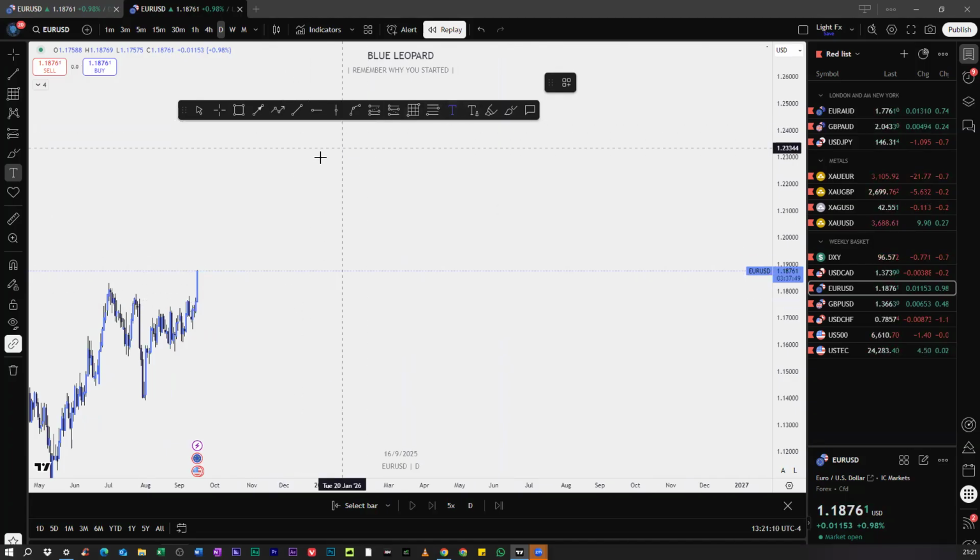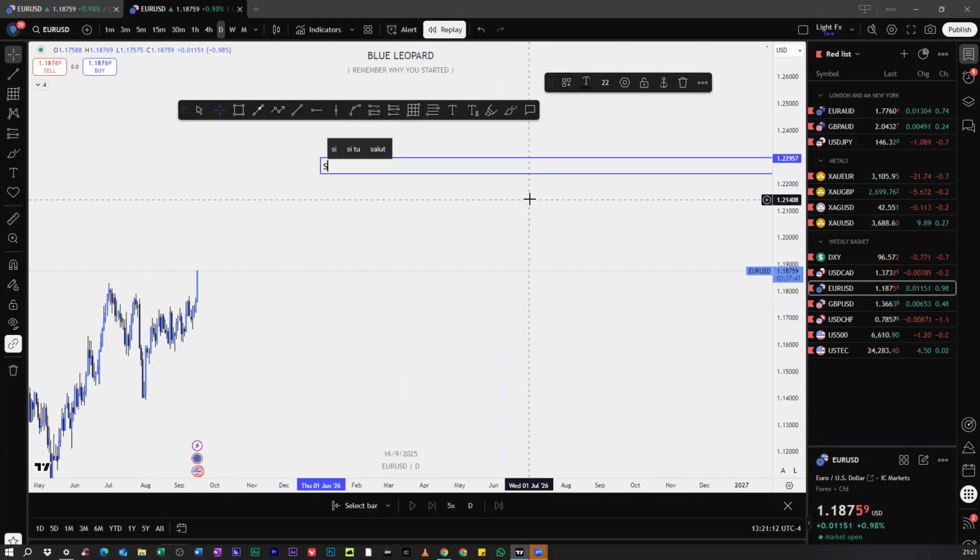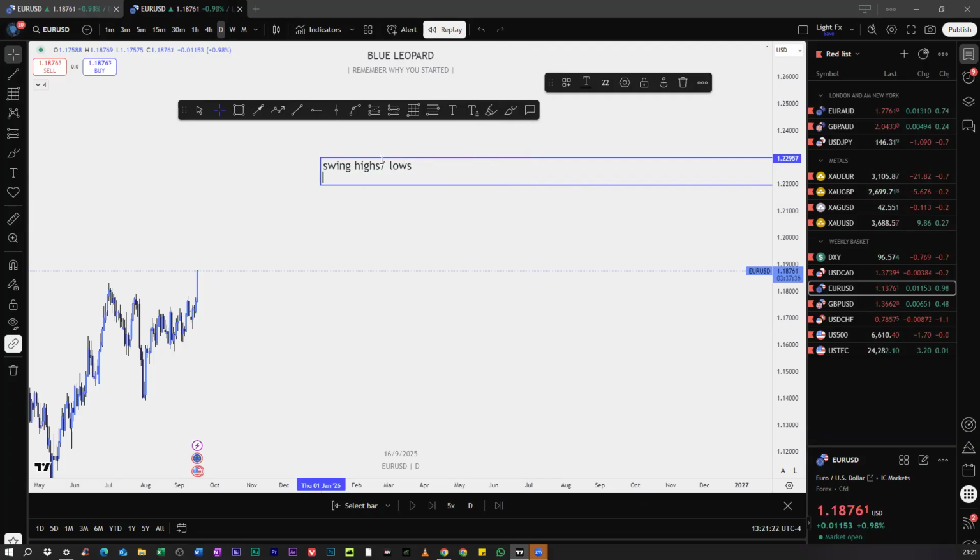Liquidity can be found above swing highs and below swing lows, okay? Swing highs and lows. Liquidity is also found around equal levels, equal highs or equal lows.